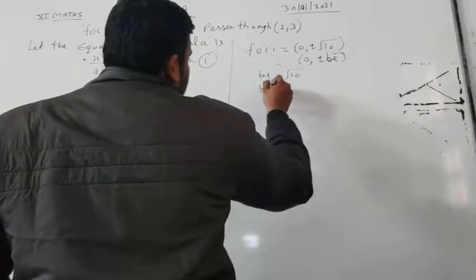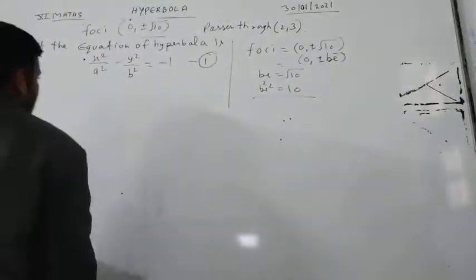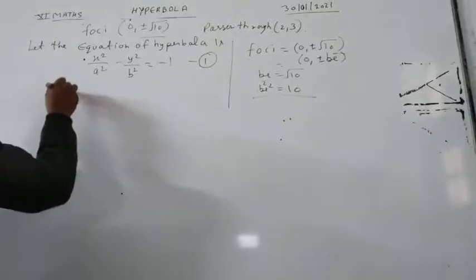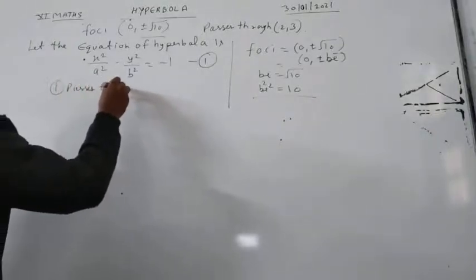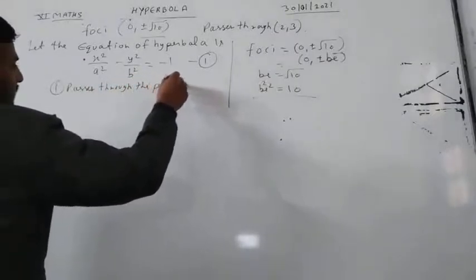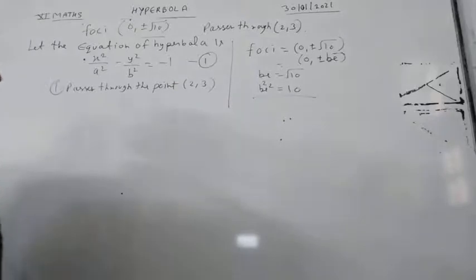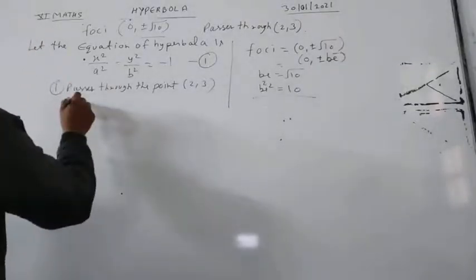So b square e square is equal to 10. Okay, students, and this equation passes through the point (2, 3). So when this passes through, we can replace x and y with 2 and 3.